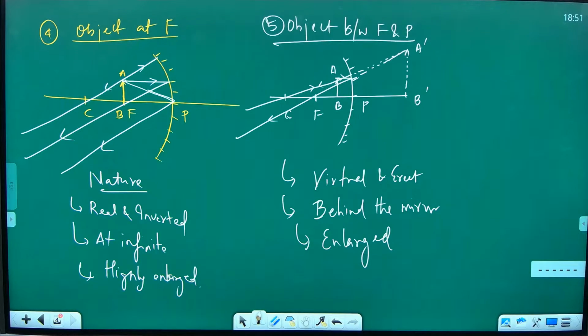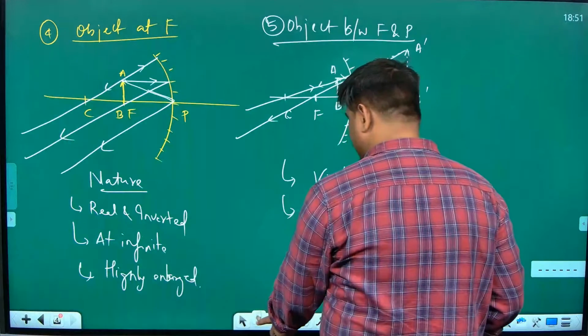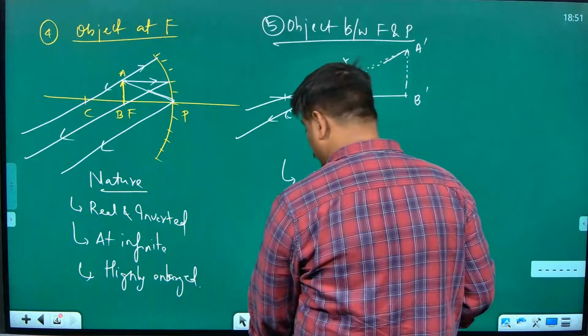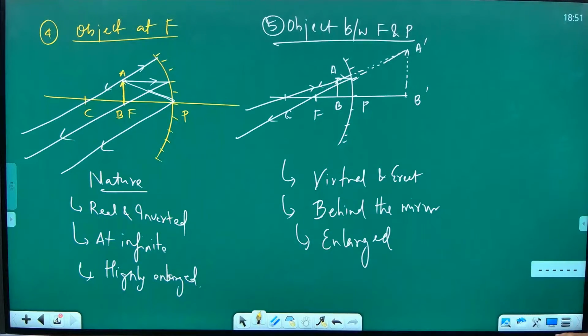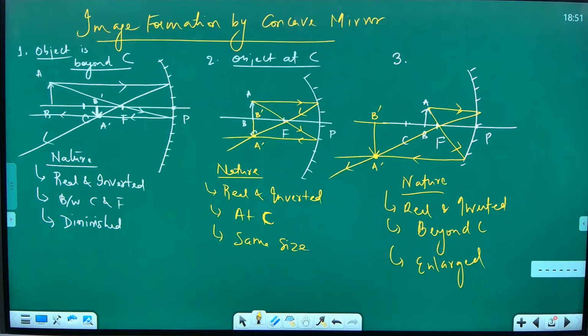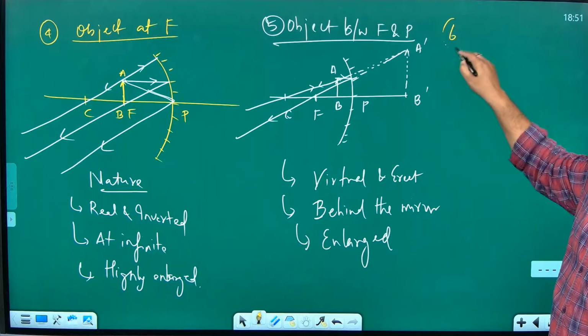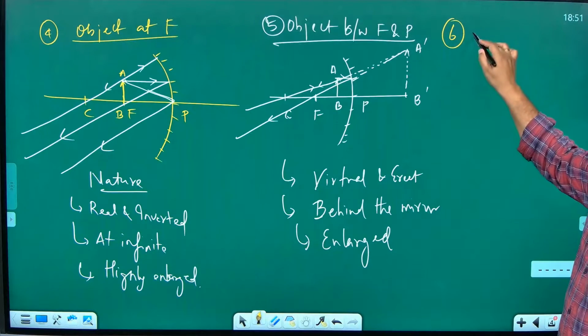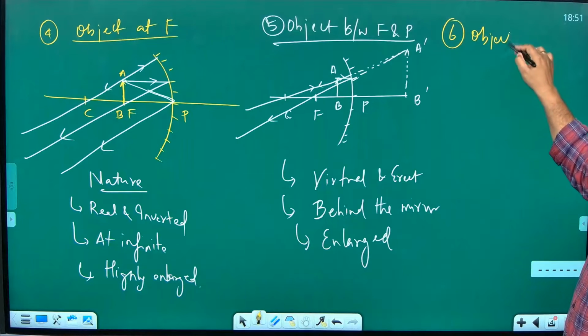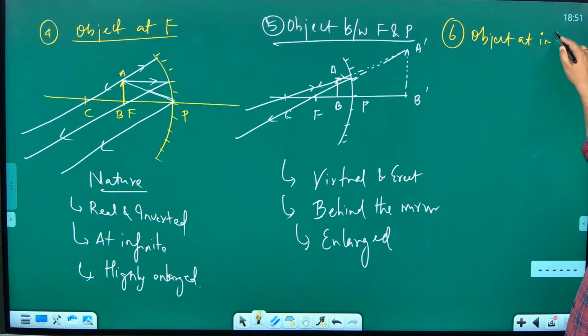I hope. Then comes the sixth case. Sixth case also is possible. See, now I only took the scenarios starting from beyond C. Why can't the object be at infinite? It can be. The sixth case, or in the NCERT book it will be the first case, is that the object itself is at infinite.